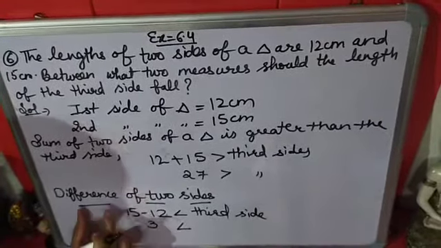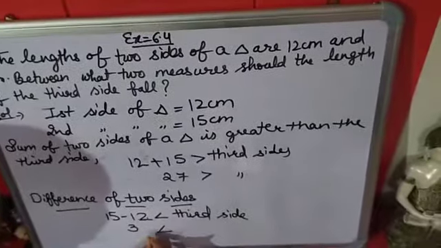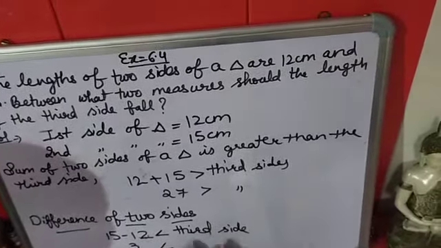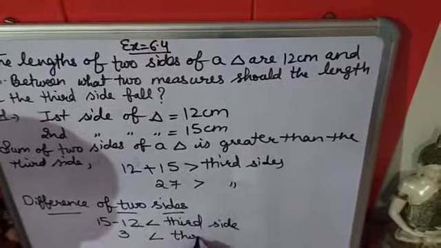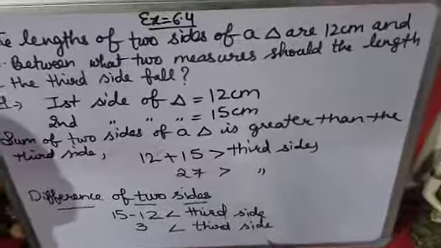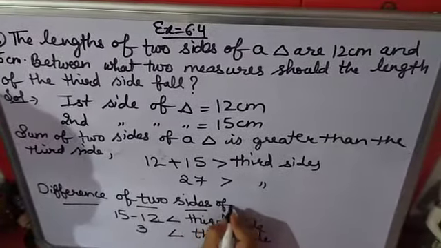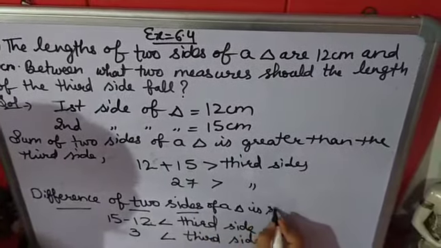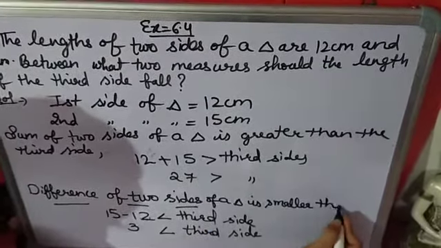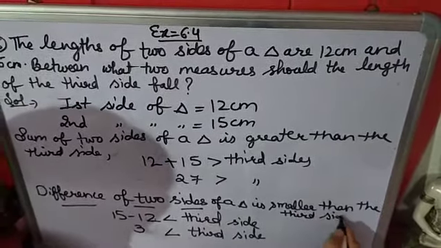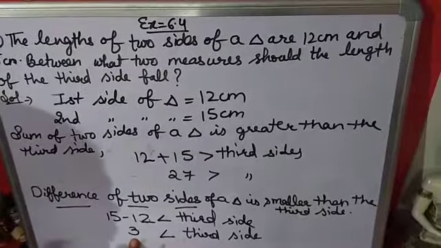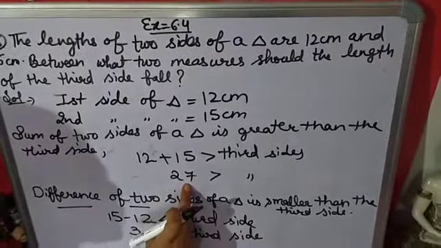This is also a property, that the difference of two sides of a triangle is smaller than the third side. It means the third side will be greater than the difference of two sides. So the third side is greater than 3 and smaller than 27.